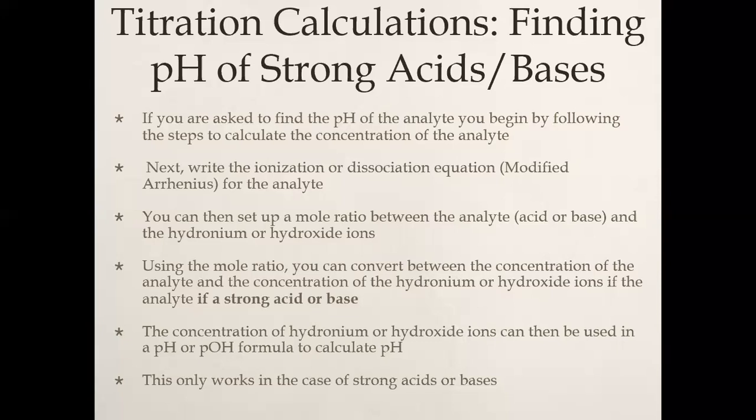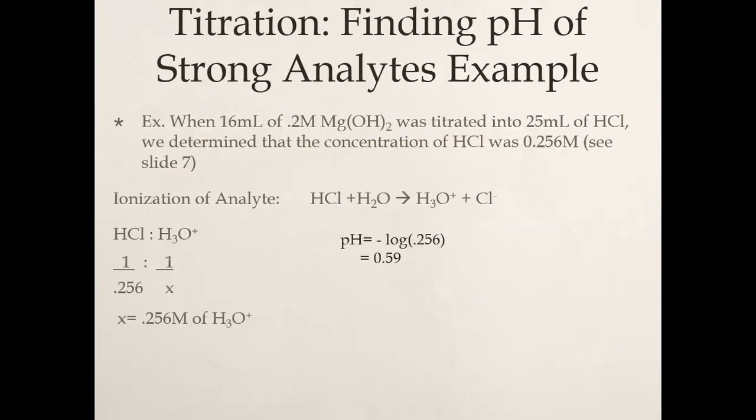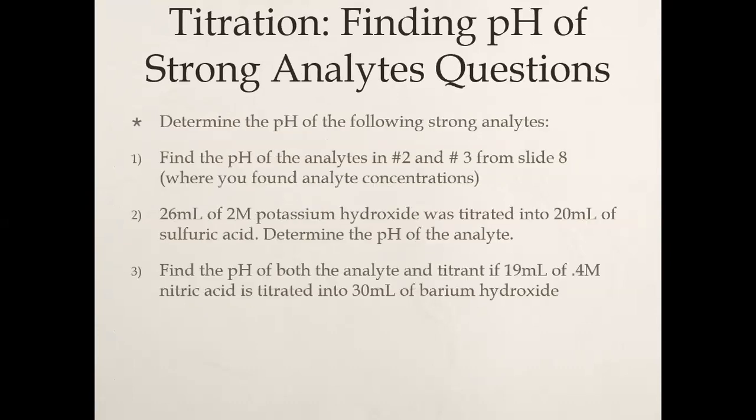Then set up the mole ratio between your analyte and either the hydronium or hydroxide ions in order to calculate the concentration of those. And then you're going to use either the pH or pOH formula to calculate pH.